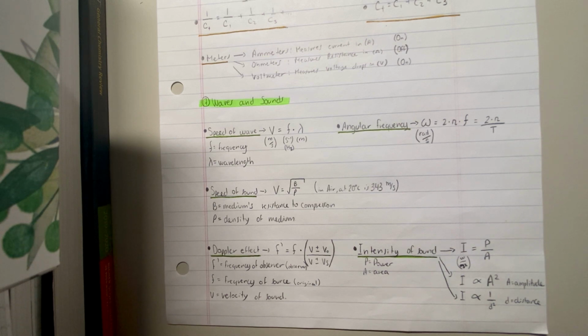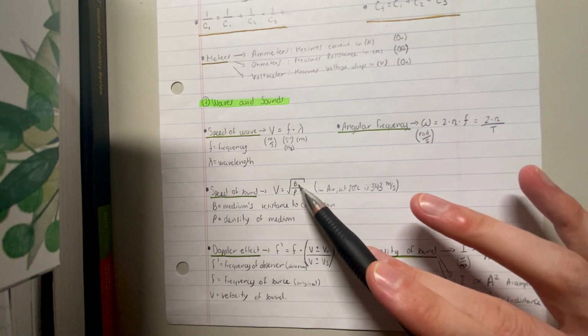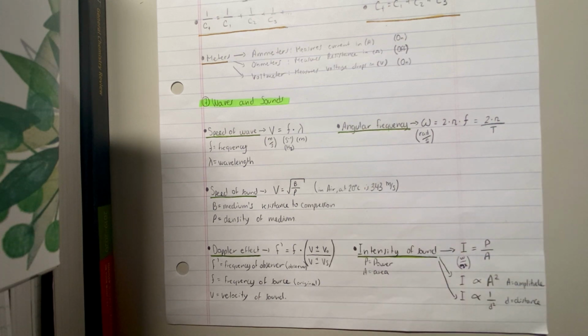All right, next, the speed of sound. First off, the speed of sound in air at 20 degrees Celsius is 343 meters per second. But there's another way to obtain it, which would be to take the square root of the medium's resistance to compression, which is capital B here, divided by rho, which is the density of the medium.